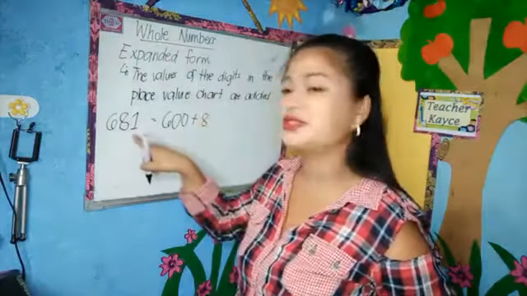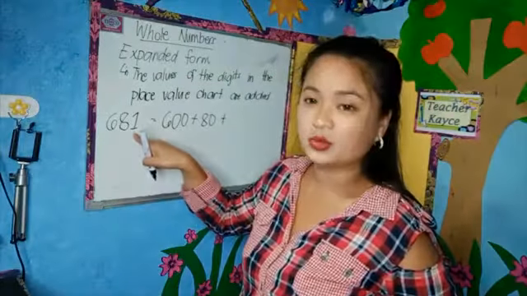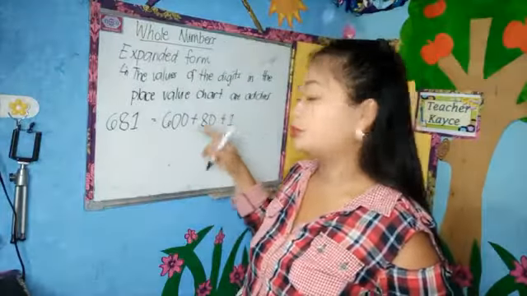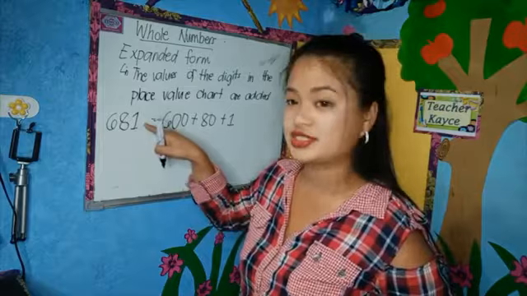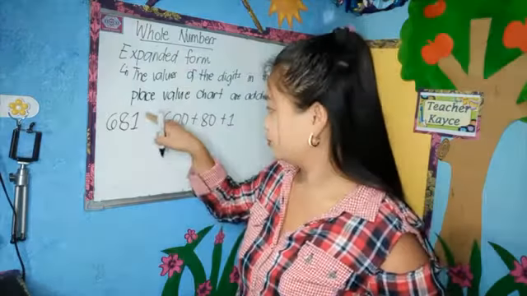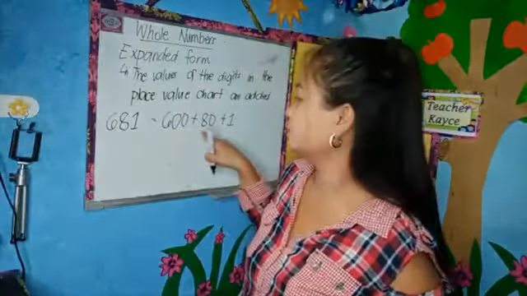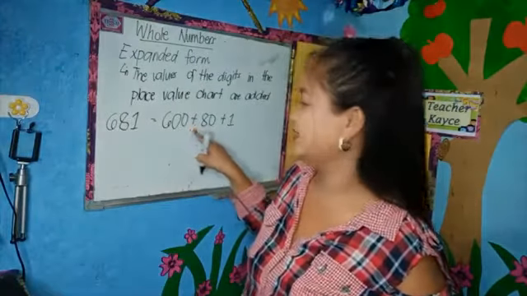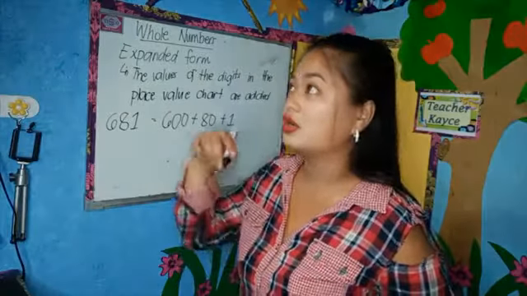How many zeros? You only have 1. Then plus 1. Do you have to put a zero? No more, because there are no more numbers here. So we have 600 plus 80 plus 1.